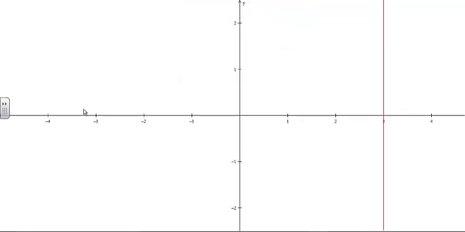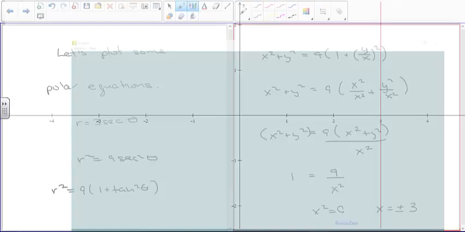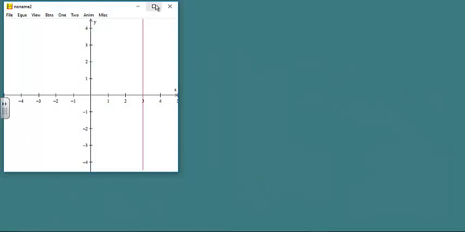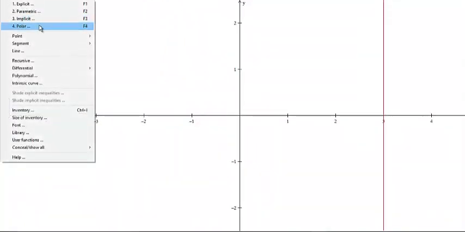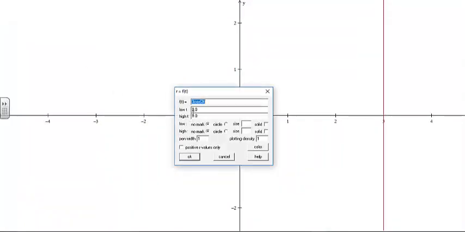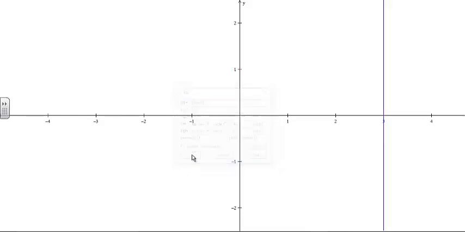Now I don't get one at -3, and I'm not sure why that is right off the top of my head. I'm sure there's some good explanation for it. I was just going to try something like 2 pi and see if I get anything different. No, you still get the same thing.